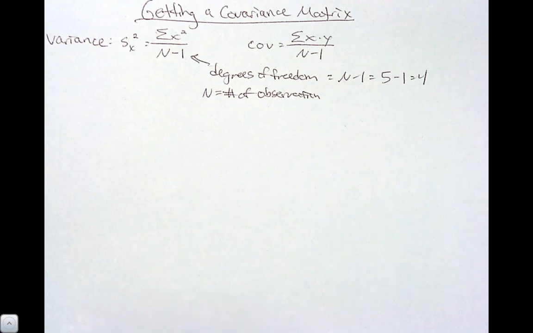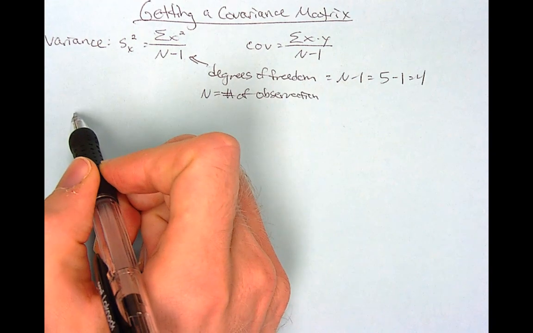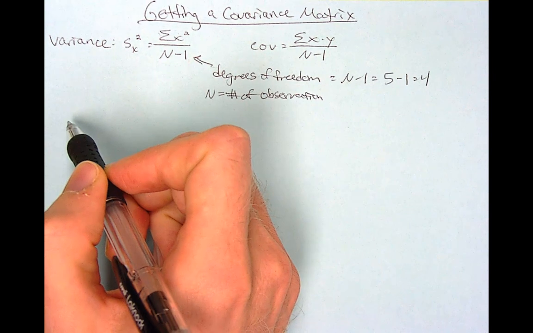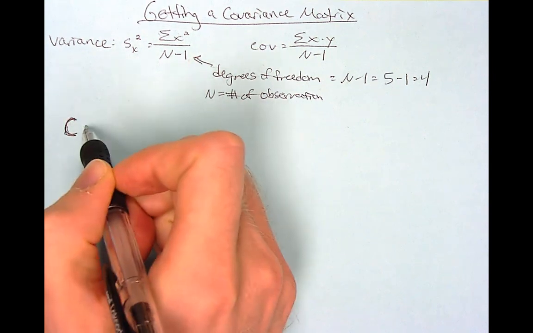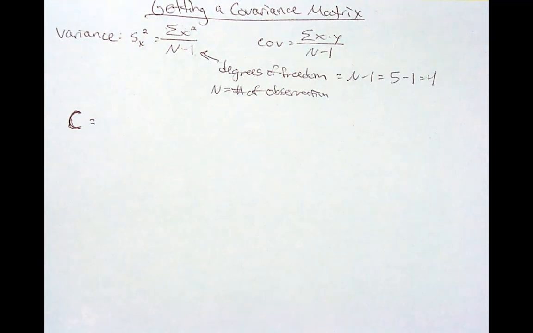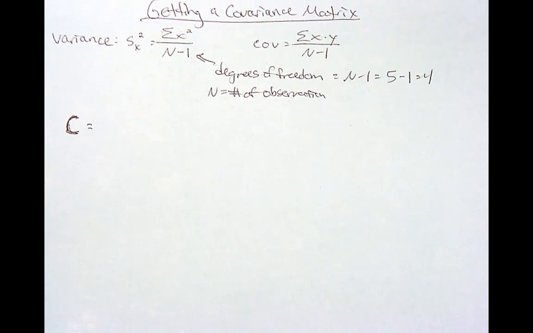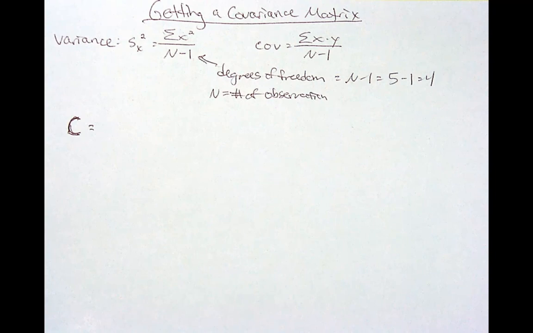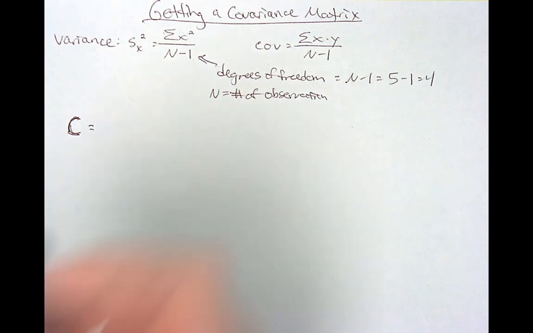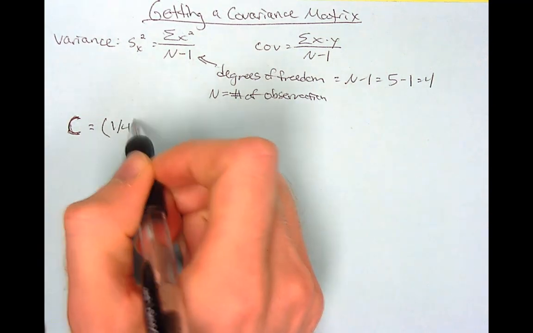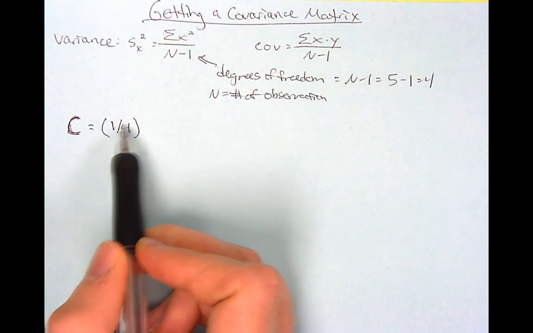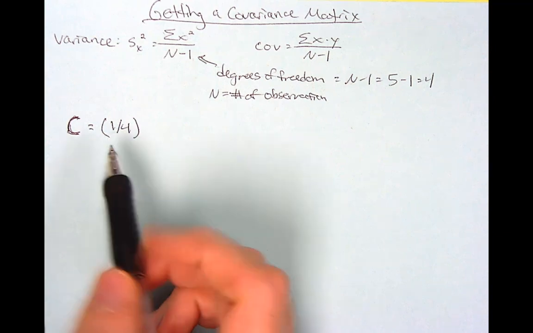So let's get a matrix C, meaning covariance matrix. And if you remember from video 3.9, we have to multiply the matrix by the inverse of the degrees of freedom. So once again, our degrees of freedom is 4. So the inverse of that is 1 over 4.